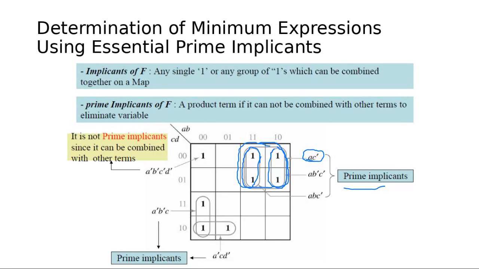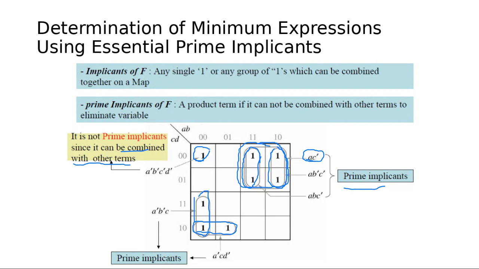Here also there's an example. This one and this one. This is also a prime implicant. This one we cannot use as a square, so it is not a prime implicant since it can be combined with other terms.